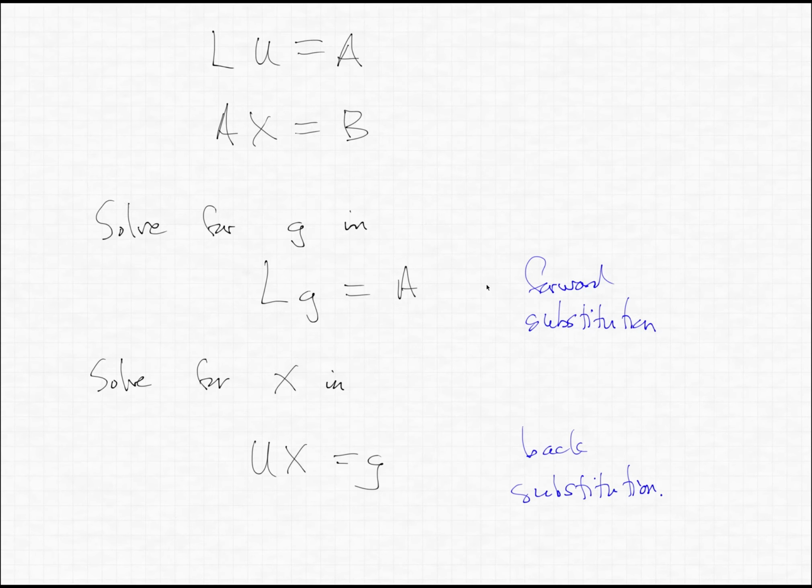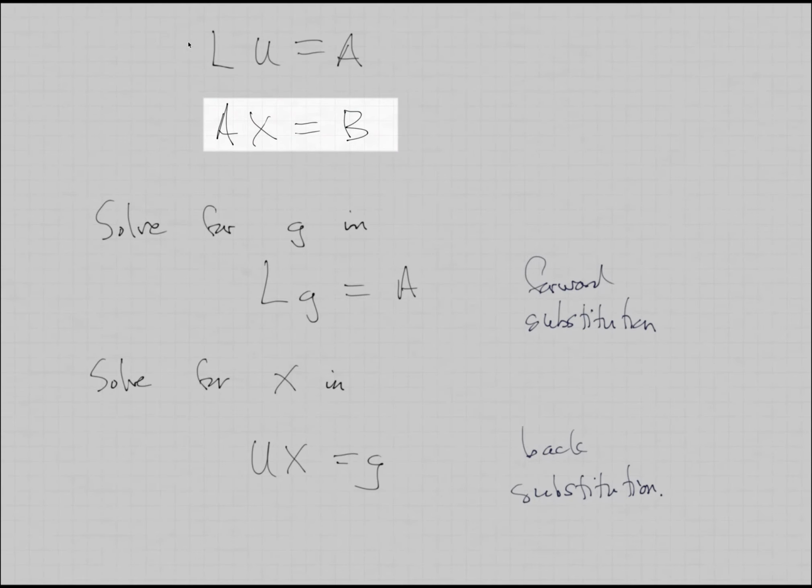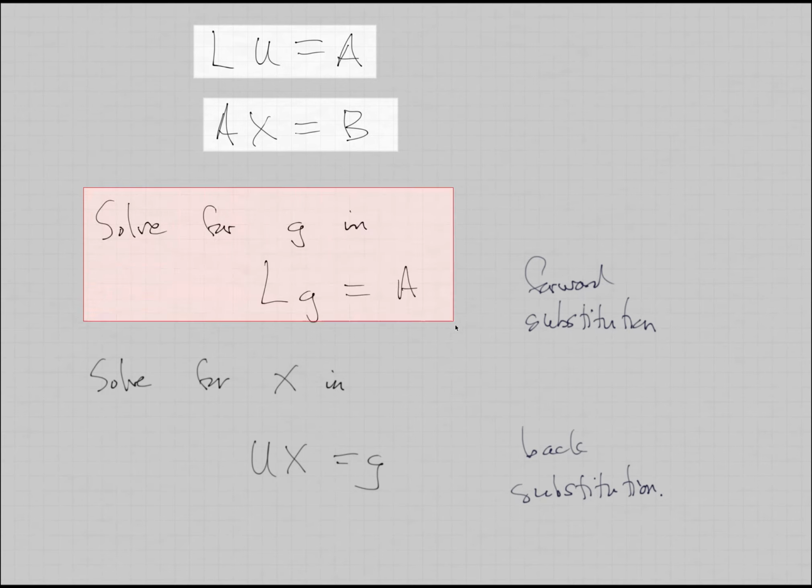Okay, so to summarize, if you want to solve an equation Ax equals b, and you know the factorization, A factors into a lower triangular matrix L with ones along the main diagonal, times an upper triangular matrix U, then you can very easily get the solution for x by following a two-stage process.